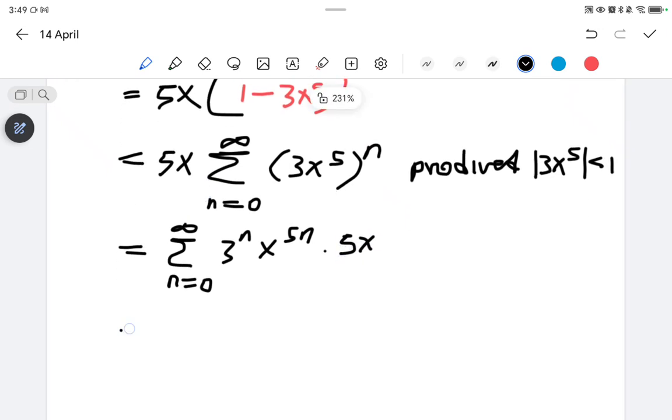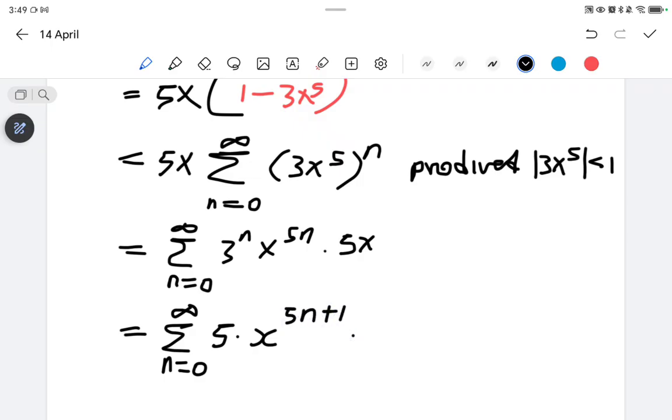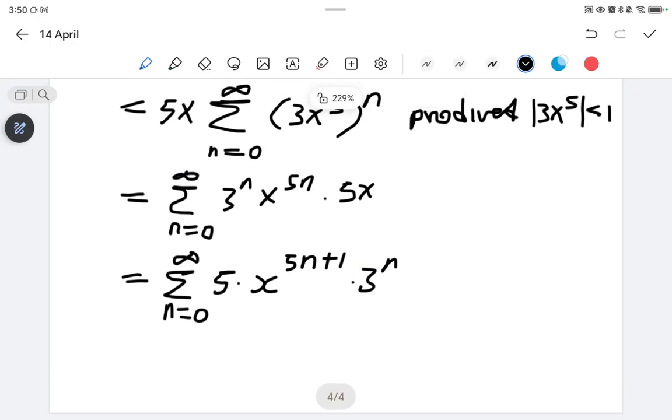So this will be equal to x to the something. Someone can decide to put it like this, or someone decides to put it like this.